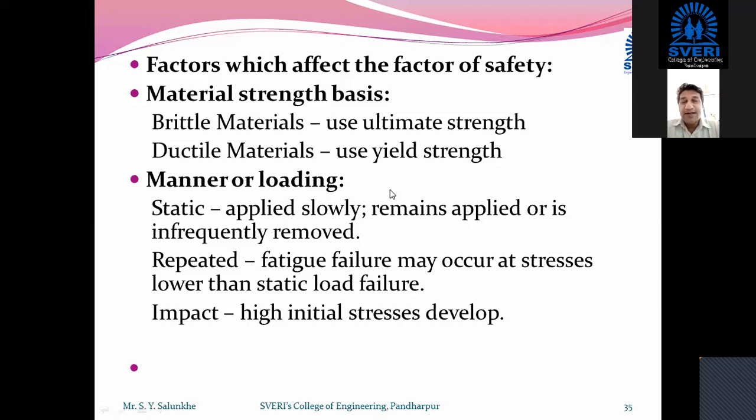So in case of ductile materials, a different factor of safety has to be considered. Whereas in case of brittle materials, the material directly breaks into two pieces without giving any warning. That's why we have to use a different factor of safety, right? So the designer has to consider these properties of the material.